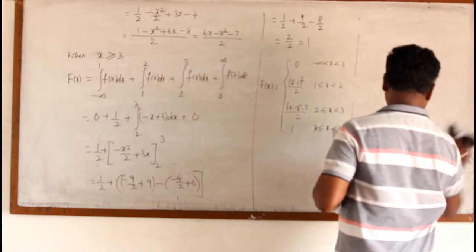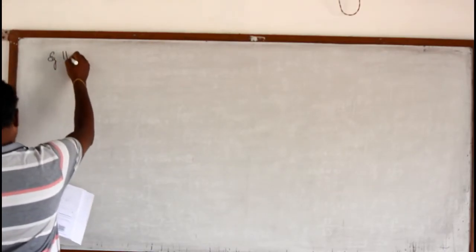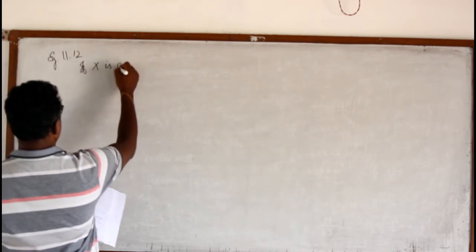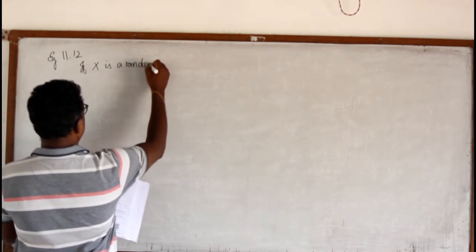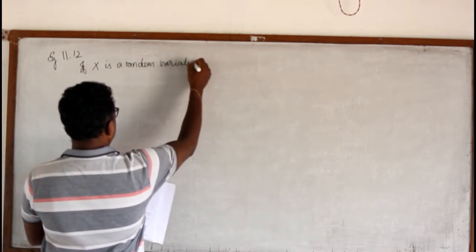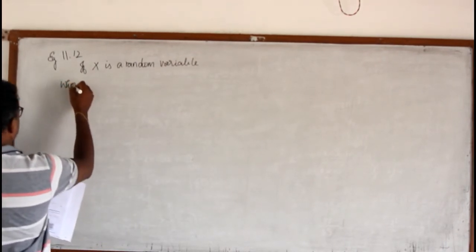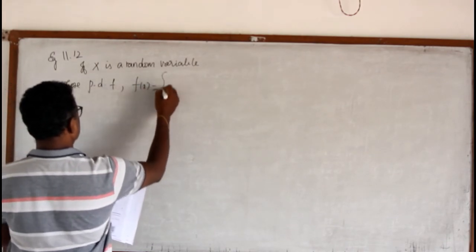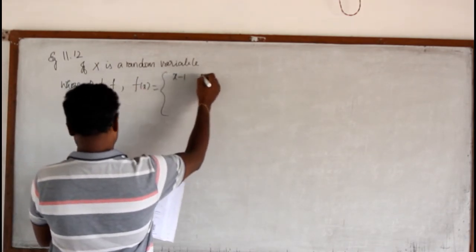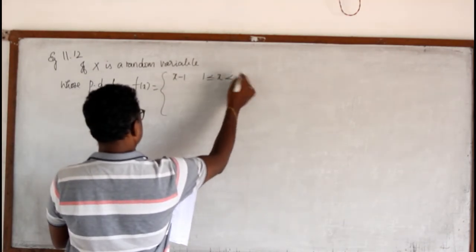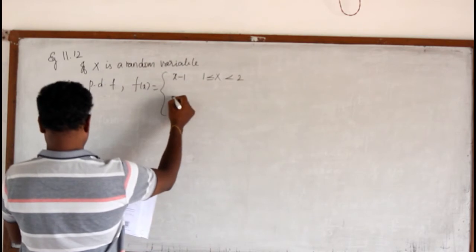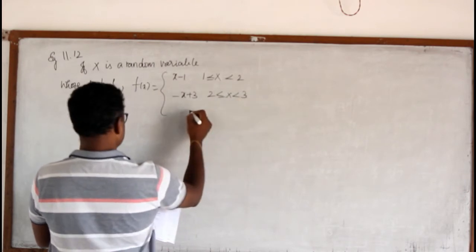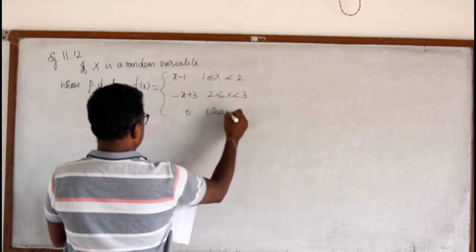Now we should go for a separate question. Now example 11.12. If x is a random variable whose PDF is f of x equal to x minus 1 for 1 less than or equal to x less than 2, and then minus x plus 3 for 2 less than or equal to x less than 3, 0 otherwise.